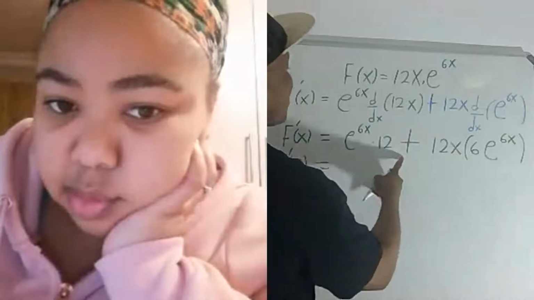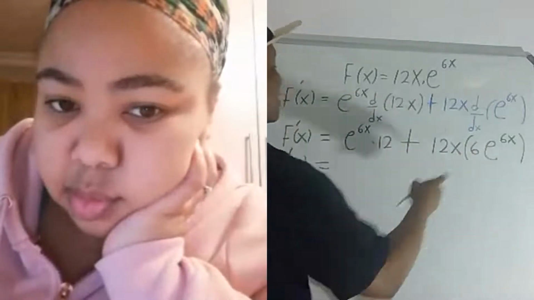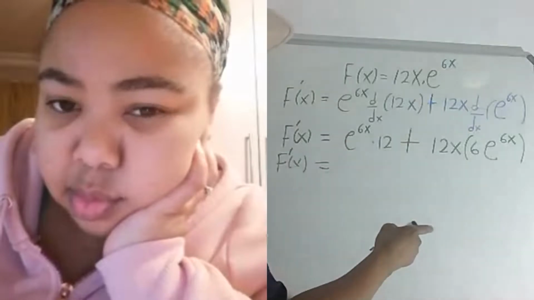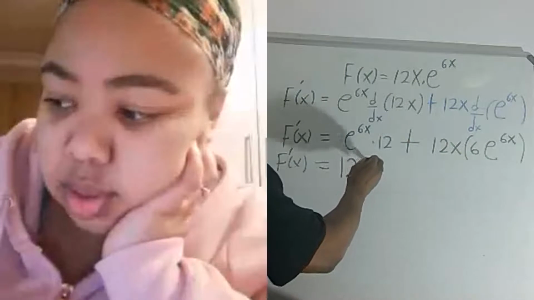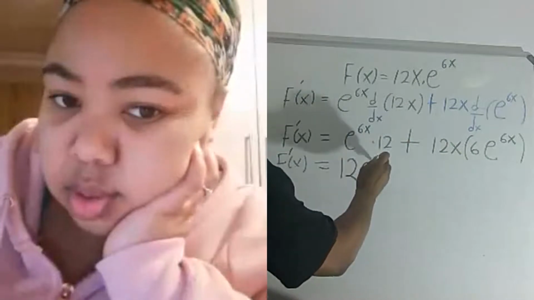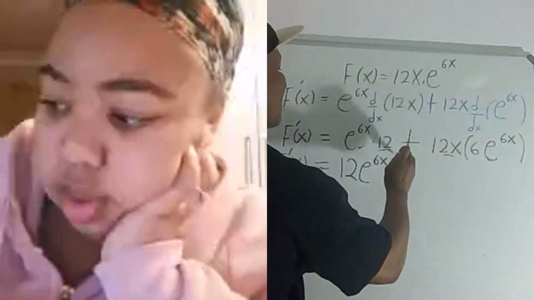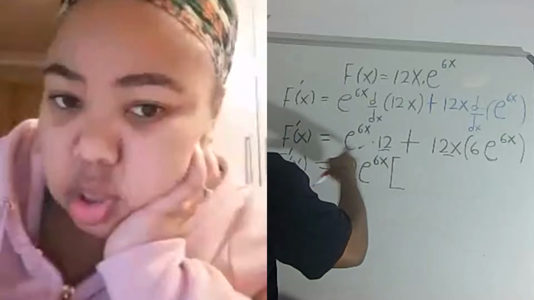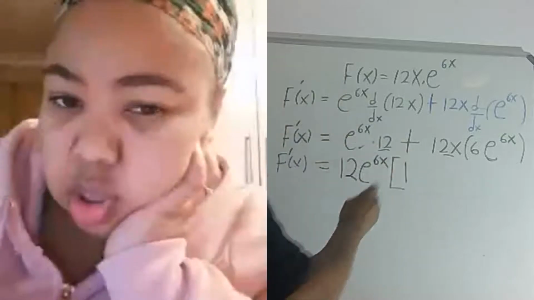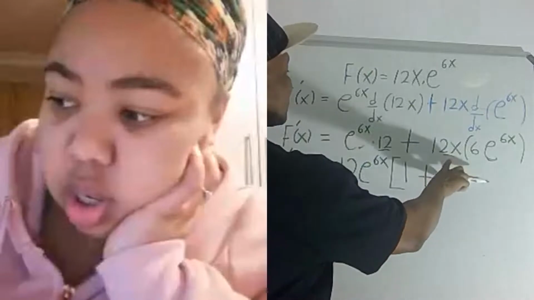Okay, what is the common for both? 12 and 12, and e^6x is common for both sides. So I'm going to write my 12 out and then e^6x because it's common here and there. And then I'll write my bracket. There's nothing left here, so what I'm going to be left with? 1. And then we plus.